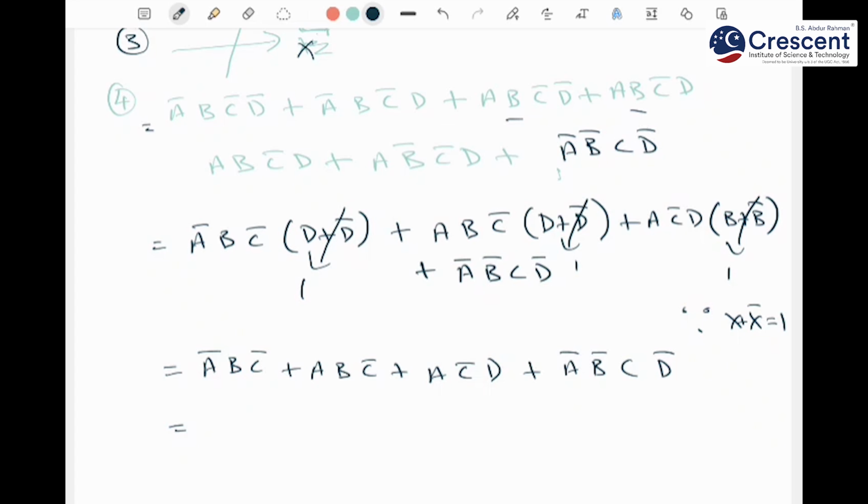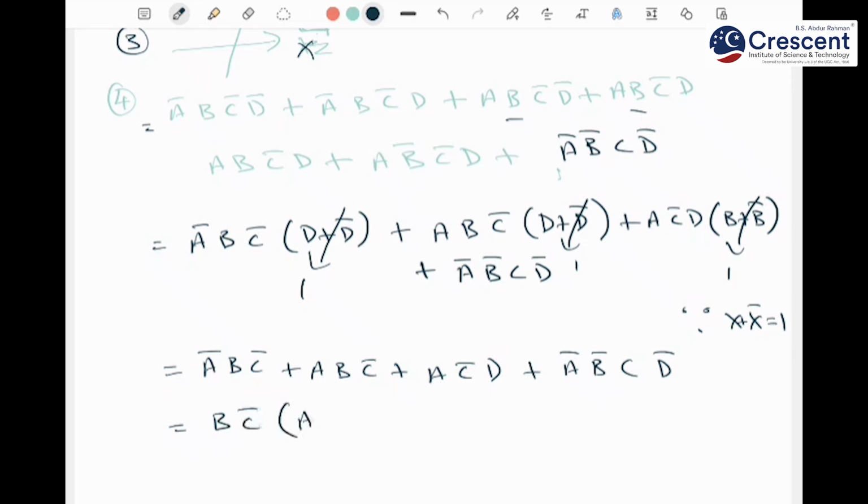Now let us further simplify these terms. You can again take B, C bar commonly outside.